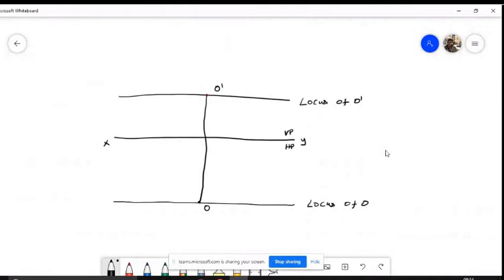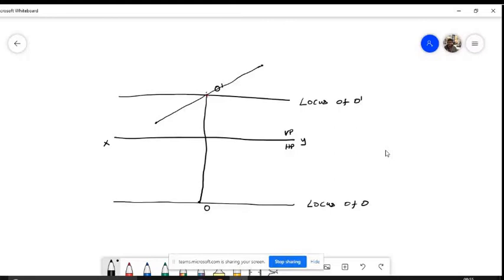Keeping this point as the midpoint, you need to draw an 80 mm line, so 40 mm will be this side and 40 mm this side at an inclination of 30 degrees. From here you draw a 30 degree line and extend it on both sides. From the center you measure 40 mm this side and 40 mm this side, so you will get the two ends.